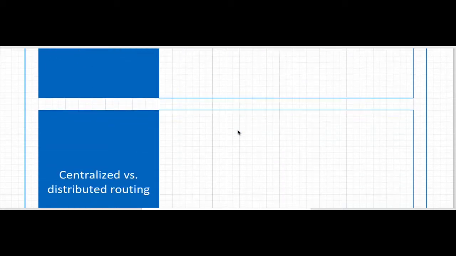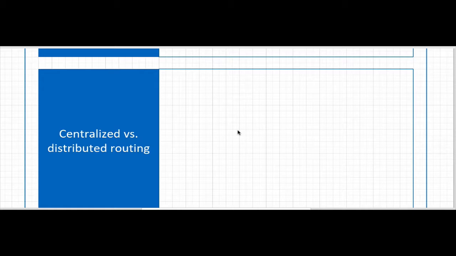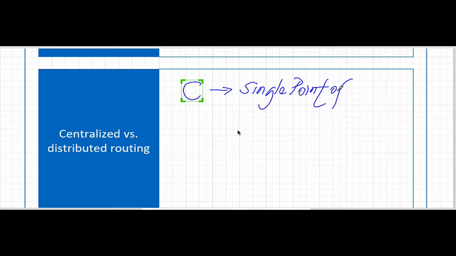When we think about the difference between centralized and distributed routing, remember we mentioned that we can do both. With centralized, we have some disadvantages. One is that there's a single point of failure with any centralized system, excuse me.